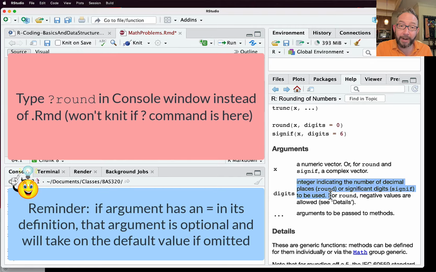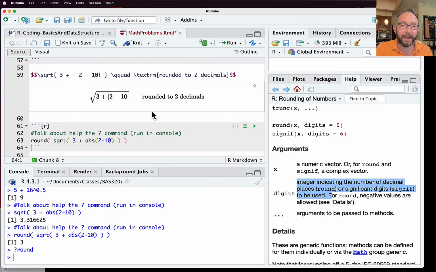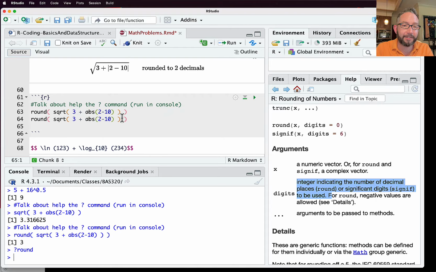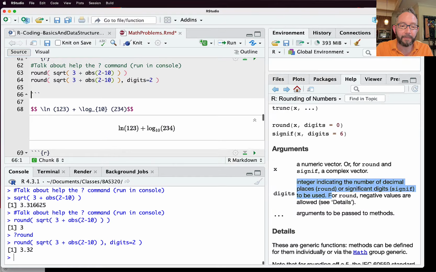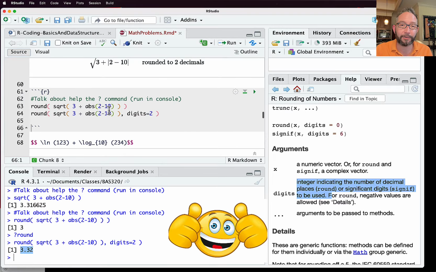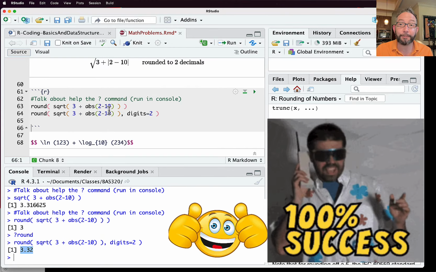So if I want to round to 2 digits, well, why don't I try digits equals 2 here? So I'm going to copy and paste this and just add in, after I've done the square root, but still inside the parentheses with round, digits equals 2. And when I do this, brilliant, 3.32, I've rounded it to 2 digits after the decimal point, and so I've successfully completed my task.